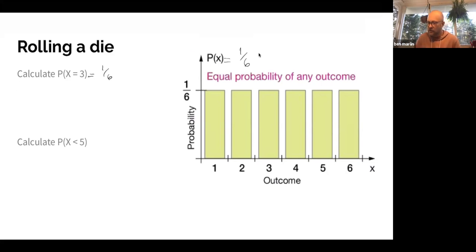Now, if I ask you instead to calculate the probability that x is less than 5, this begins to move us towards a little bit more complicated idea because what we have here with x less than 5 is an event. By an event, all I mean is a set of possible outcomes.